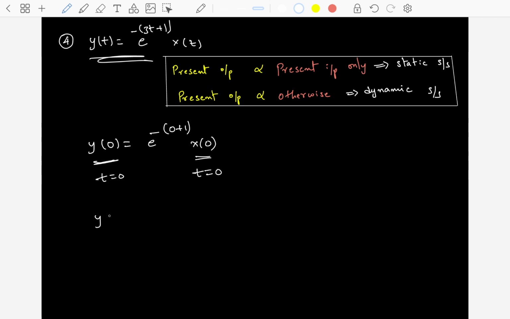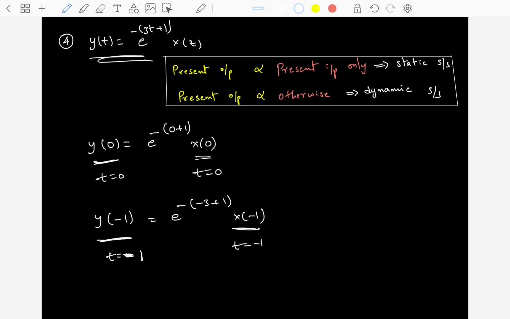Now I will check for negative values. At t is equal to minus 1, e to the power of minus 3 into minus 1 plus 1 into x of minus 1. The output is at t is equal to minus 1 and the input is also at minus 1.